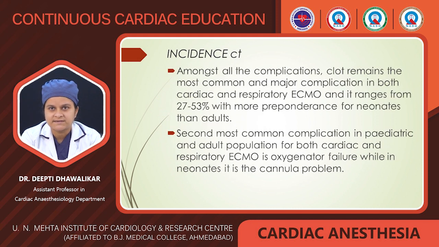Amongst all the complications, clot remains the most common and major complication in both cardiac and respiratory ECMO, and it ranges from 27 to 53% with more preponderance for neonates than adults. Second most common complication in pediatric and adult population for both cardiac and respiratory ECMO is oxygenator failure, while in neonates it is cannula problem.